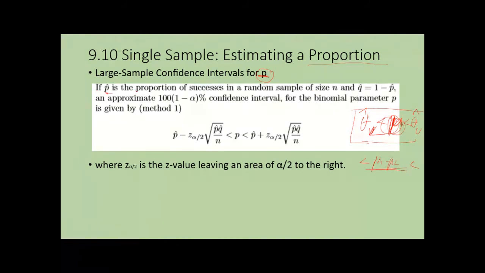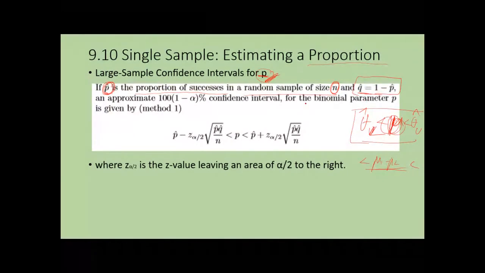P is the proportion of success, the probability of success in a random sample of size n. Small p cap is for the sample, the probability of success for the sample. If there is no cap, it is for the population. And Q cap is always 1 minus P cap.